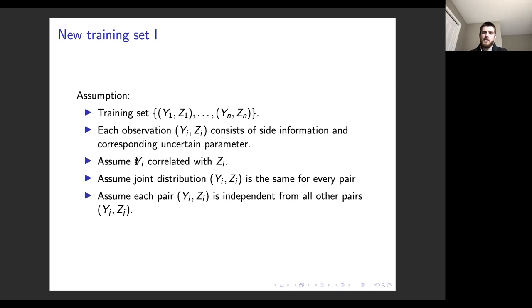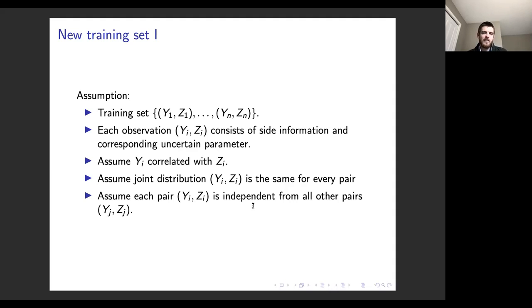We're going to assume that each observation of the side information is correlated with the corresponding uncertain parameter value, but we're still going to have a training set that's overall IID, in the sense that if we treat each pair as a single observation, the joint distribution is going to be the same for every pair. And each of these pairs is going to be independent from all of the other pairs.